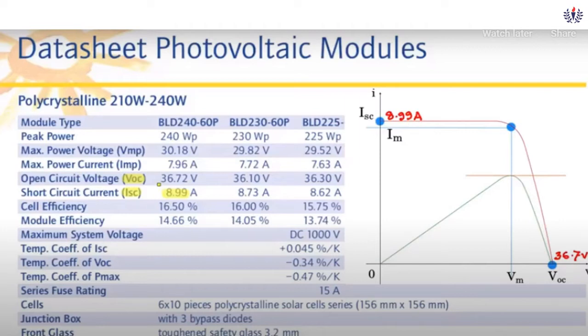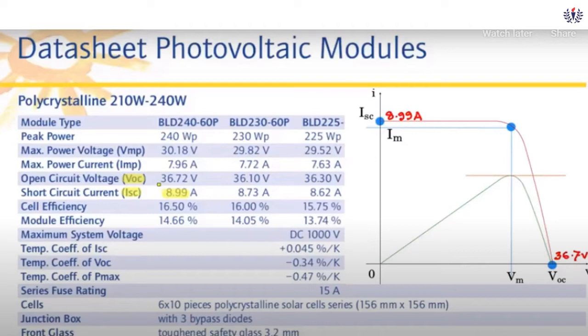Now we will discuss, for the various types of polycrystalline PV modules, what the characteristic curve would look like. For example, consider the BLD 240 60P type module in which the peak power is 240 watts, maximum power voltage is 30.18 volt and the maximum power current IMP is 7.96 amperes.